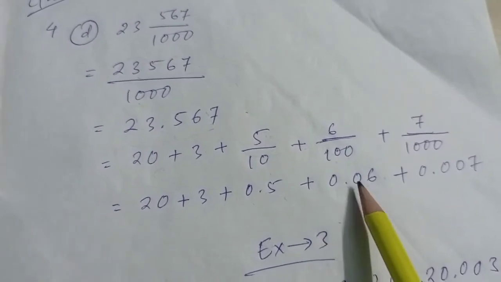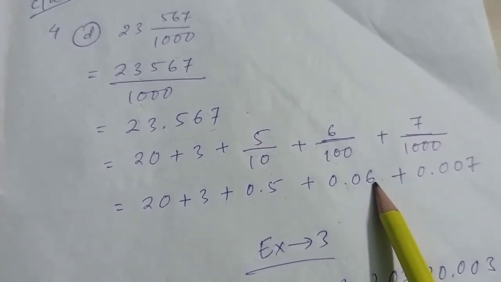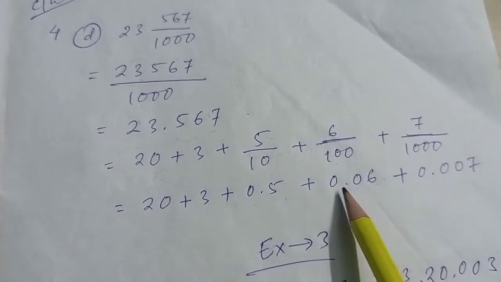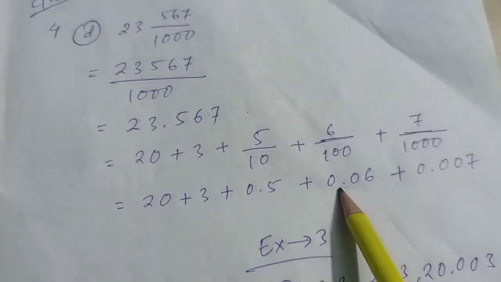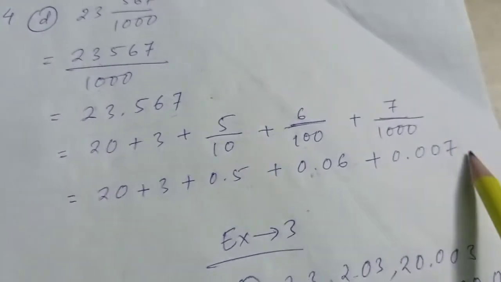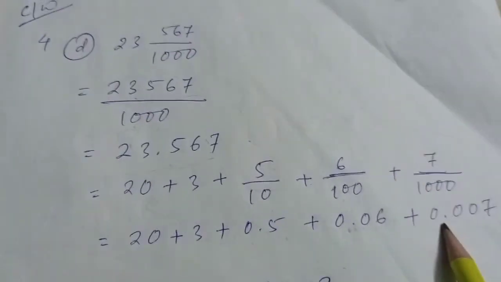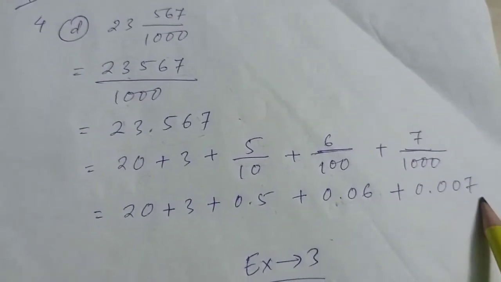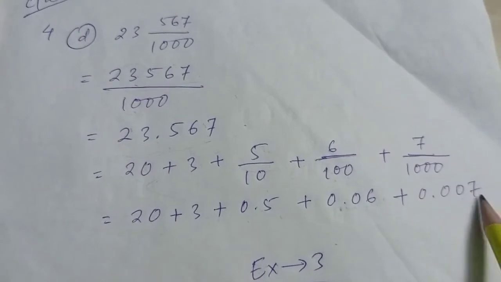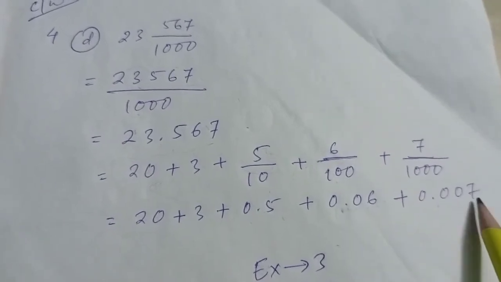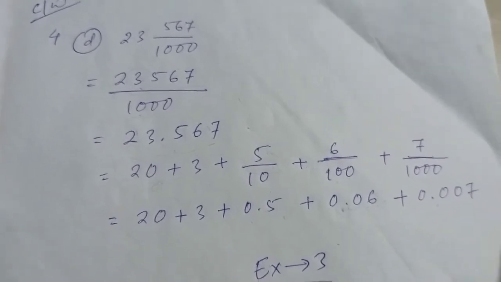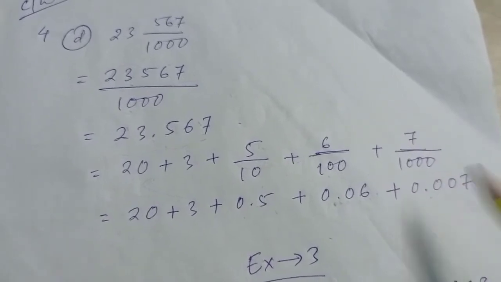So when you put 0 here, two decimal places, it will be 0.06, before two numbers. Like that, in case of 7 also you see, 0.007, as 1000 is here, before three numbers you need to put. You cannot put after 7. If you put a 0, it will be the same. I will tell you why.